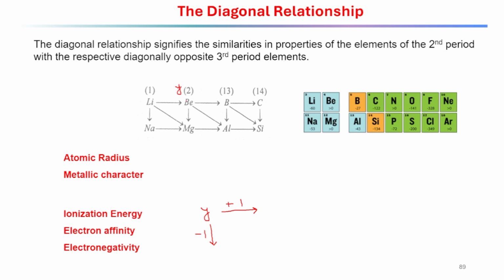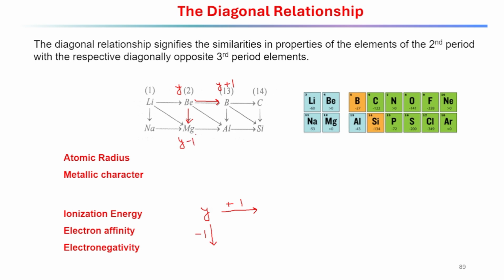Now when we go from beryllium to boron, these values will increase by plus 1 unit, so in case of boron, it will be y plus 1. And when we go from top to down, from beryllium to magnesium, these values will decrease by 1 unit, so it will be y minus 1.